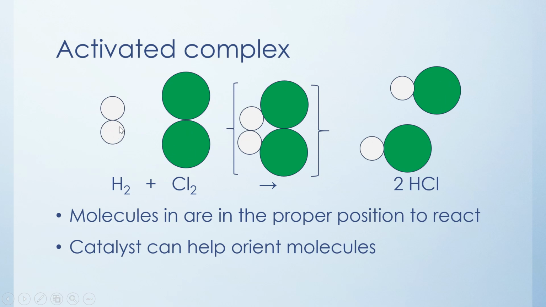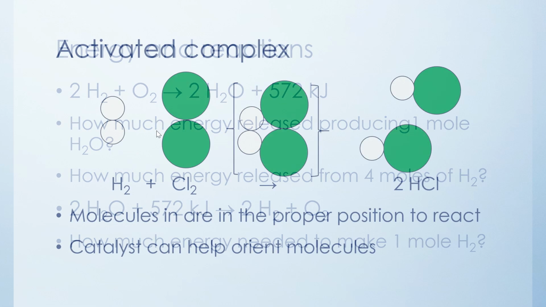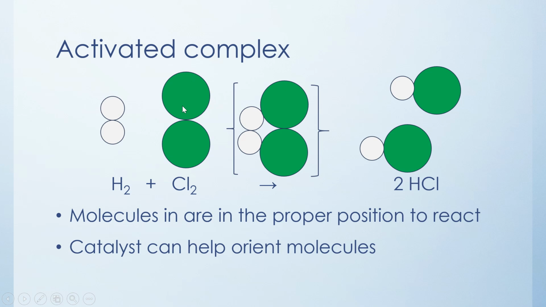So here, if you see H2 and Cl2, it should make sense that each H has to hit that Cl perfectly so that each Cl can leave with an H. For example, if this were to hit in more of a long way, where one H hits here and the other H is down there, that wouldn't be helpful for the activated complex because this chlorine would have no hydrogen. And therefore, that activated complex wouldn't work.